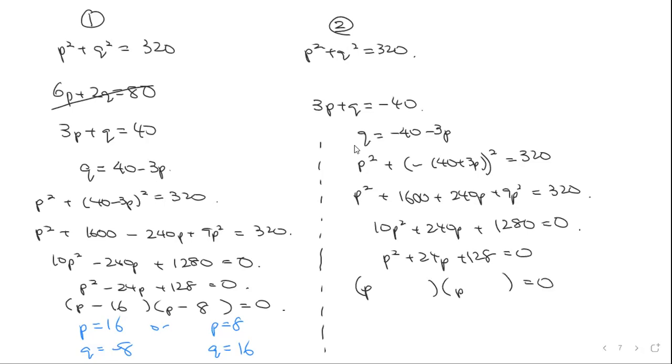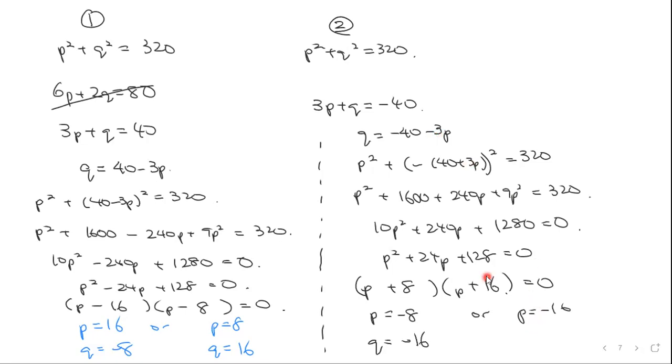So this time we want two numbers to add to that. I guess that's plus 8 and plus 16 this time. So that means p equals negative 8 or p equals negative 16. And of course, this time we'd be subbing into here to get our q's. So q must equal negative 40 plus 24. That's going to be negative 16.